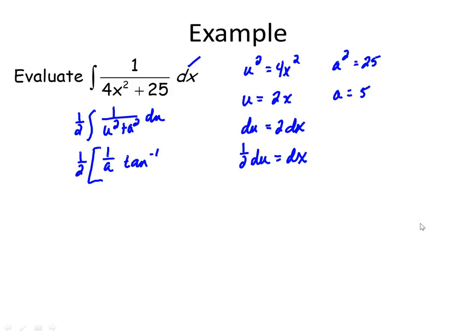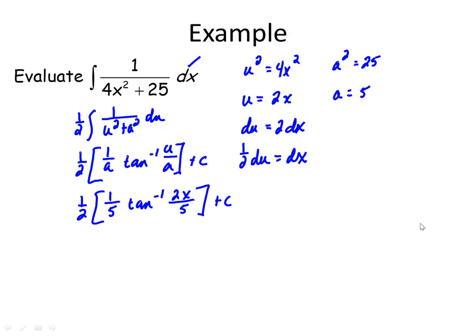If you want to skip this step and plug it in, that's fine. Plus c, so 1/2 times 1 over 5, tangent inverse of u, which is 2x, over a, which is 5, plus c.